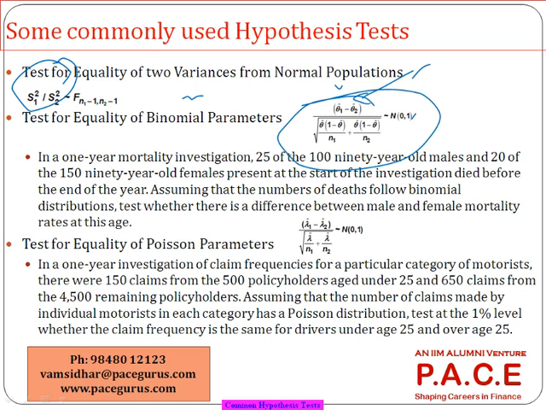Instead of taking the proportion of one in the numerator, I am taking the difference between the two proportions from the two different samples, and in the denominator we have the standard deviation. That entire thing follows a standard normal distribution with mean 0 and variance 1. We'll try to do the same with our example, testing for the equality of the binomial parameter, or the proportions.